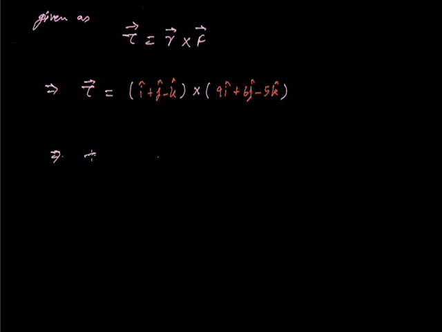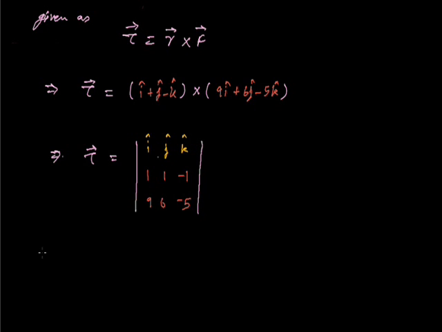So we can write torque equals this, where all the data have been arranged for the position vector and the force in terms of a determinant. Now we can solve the determinant for the individual magnitude along the directions of the unit vectors i cap, j cap and k cap.